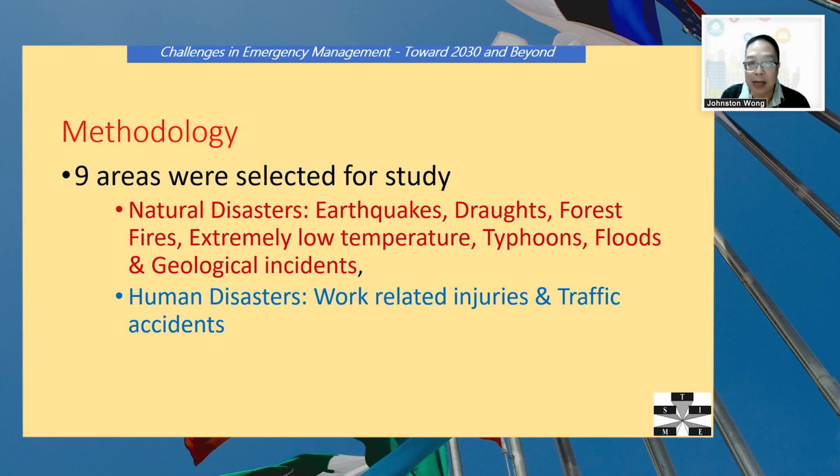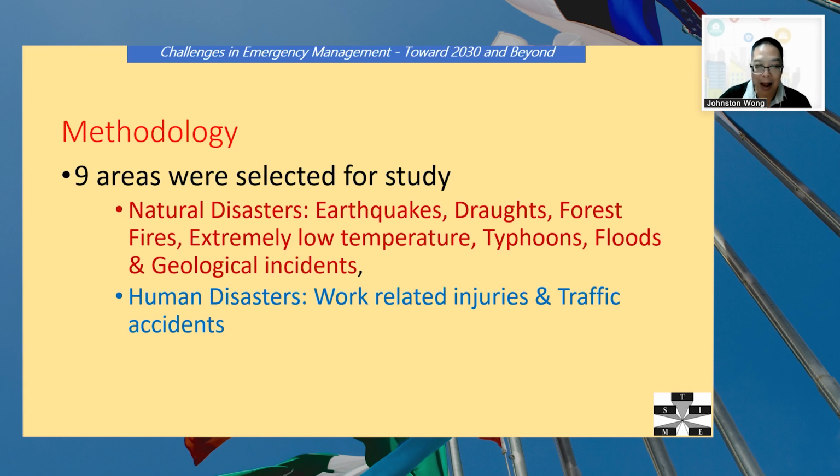In this study, we selected 9 areas of disasters in China. Seven areas belong to natural disasters: earthquakes, droughts, forest fire, low temperature, typhoons, geological incidents, and floods. We also included 2 human disasters, which are work-related injuries and traffic accidents.